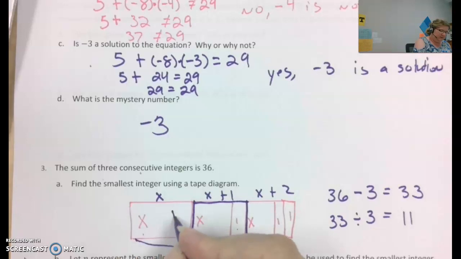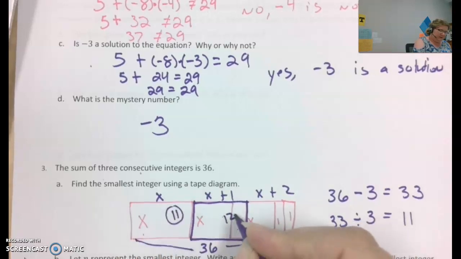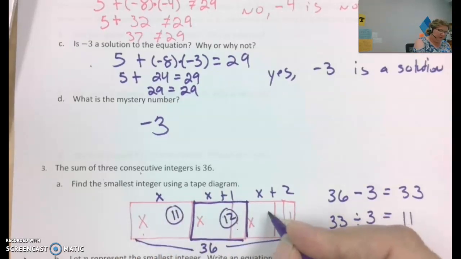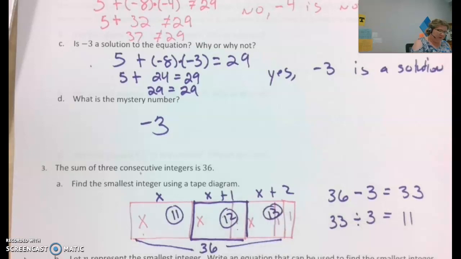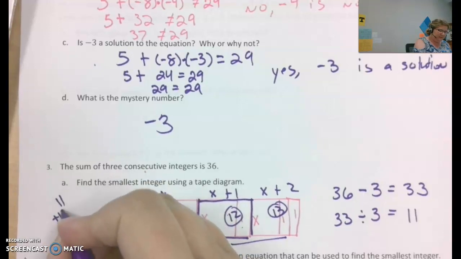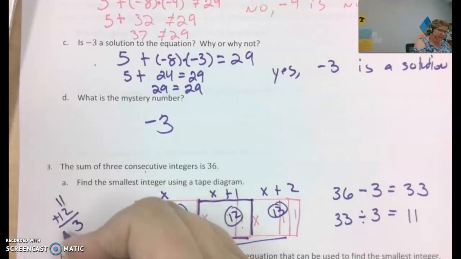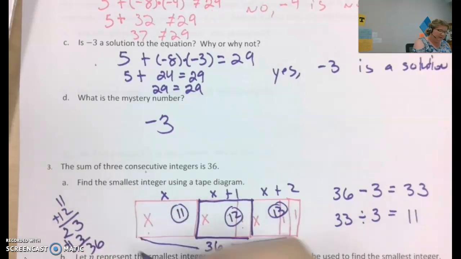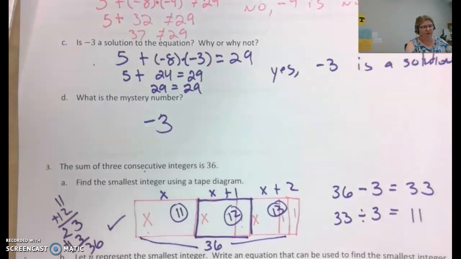So this one is 11. This together is 12. And then the final number is 13. So 11, 12, 13. We added those up. We would get 36, which is what we were after.